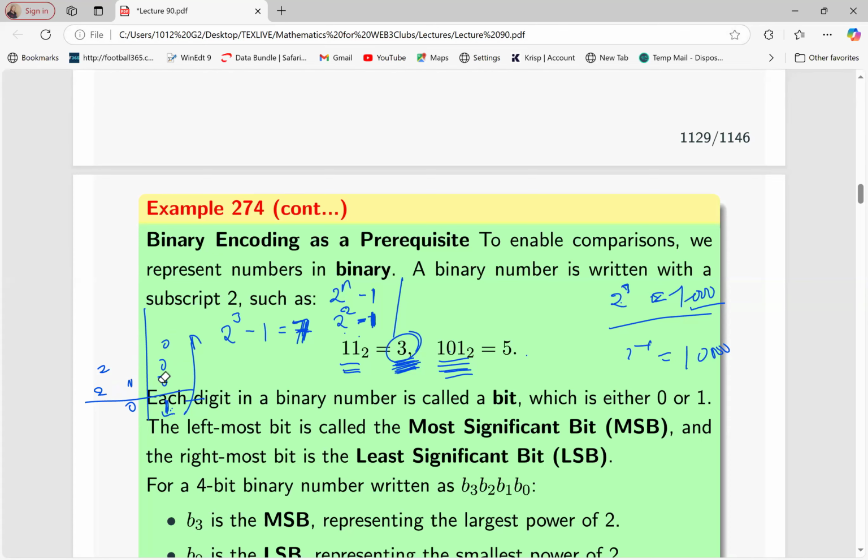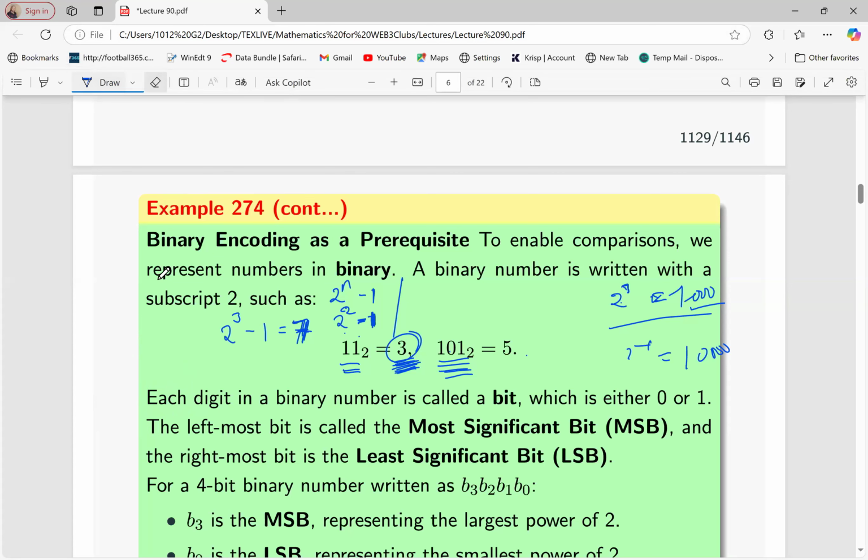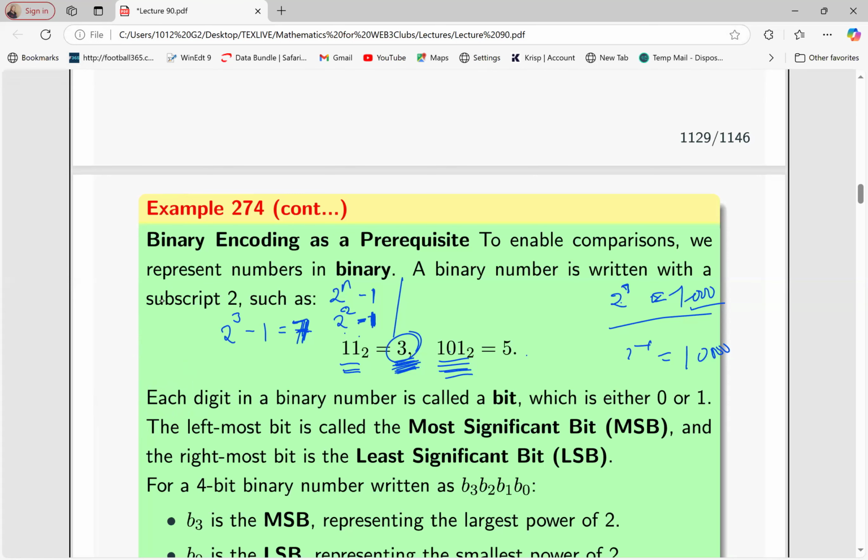These rules will assist us going forward, because we just want to be given 2 numbers and compare which one is larger, writing them in binary first of all. Let's do 7. 2 goes there 3 times. The remainder is 1. 2 goes here once, and the remainder is 1. 2 goes here 0 times, and the remainder is 1. And therefore 7 would be 1, 1, 1. So look at this.